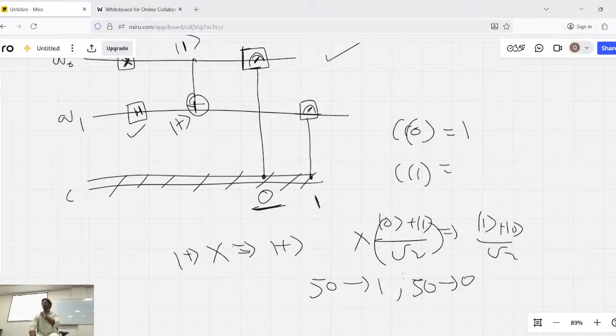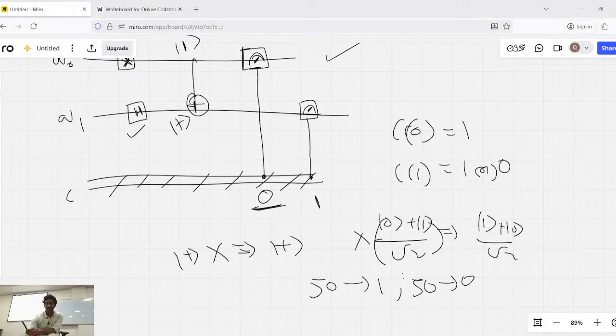If both of them are 50% probability, we don't know what might be my actual answer. If it were 70, 30 or 80, 20, I could say what might be my actual output. But when I am having a plus state or a minus state, the 0 as well as 1, both of them will have a probability of 50 percent. As both of them are at a probability of 50 percent, I cannot directly catch the actual output. Understood? So thereby we don't know what might be the answer. It can be 1 or 0 equally.